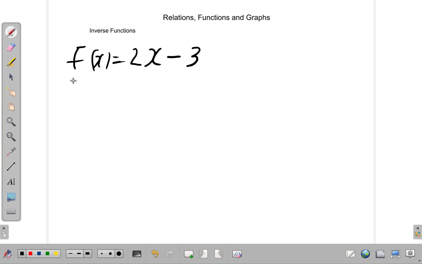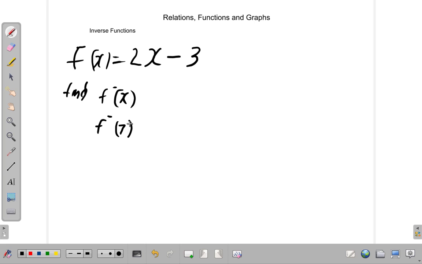Now, I want to find f inverse of x. And then I want to find f inverse of 7.